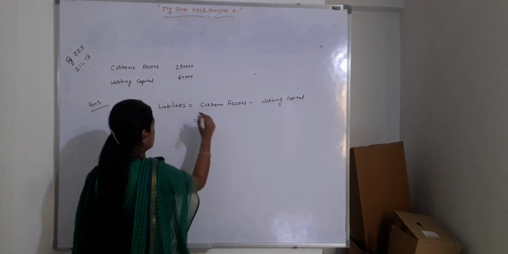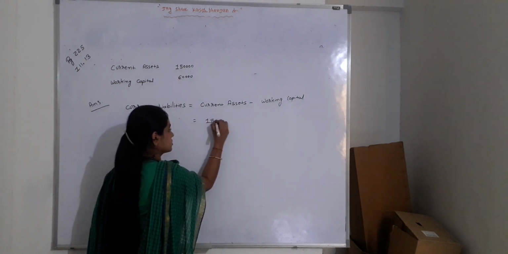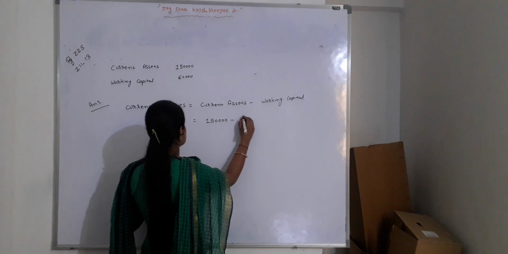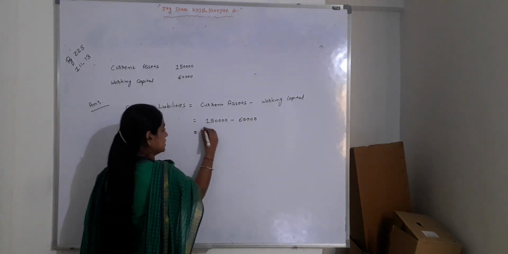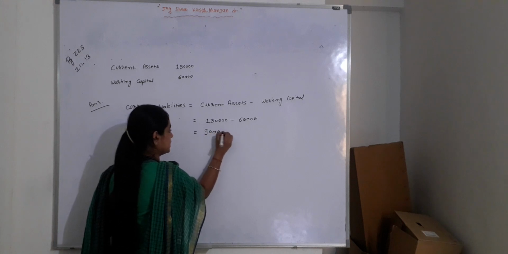Current assets are 1,50,000 minus 60,000. That means our liability is 90,000.